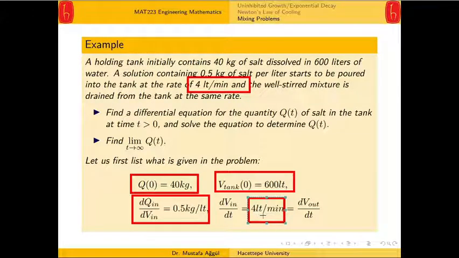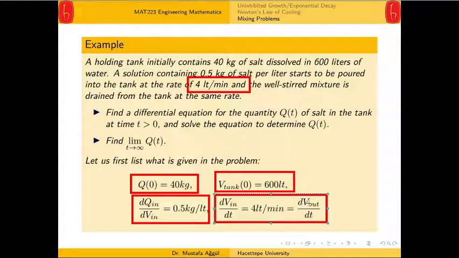So dV in/dt, the speed of entering volume, is equal to 4 liters per minute. And it says it's also drained from the tank at the same rate, so the speed has to be the same for the leaving solution.